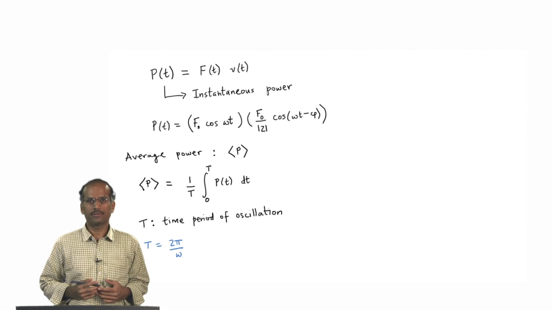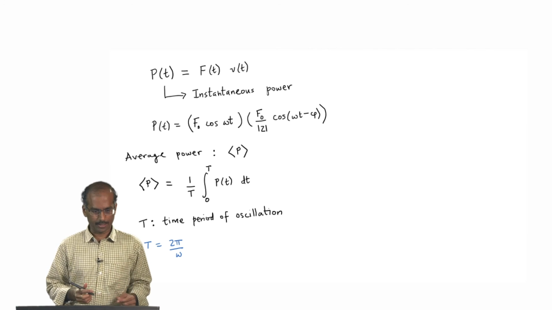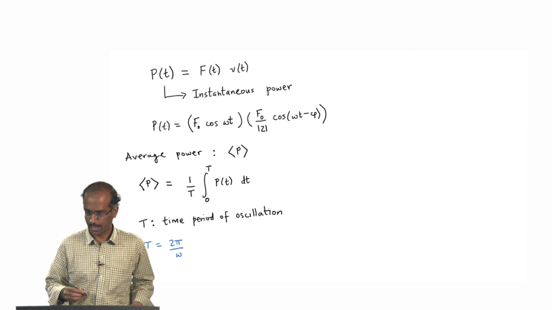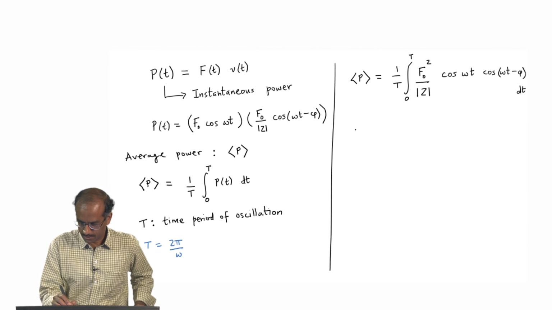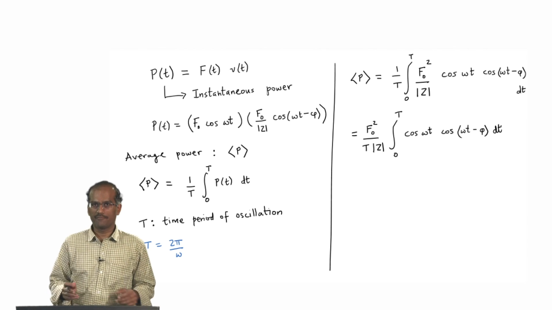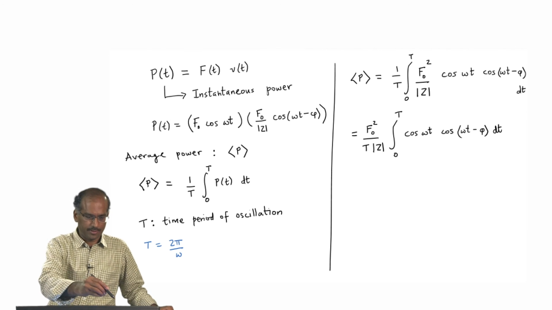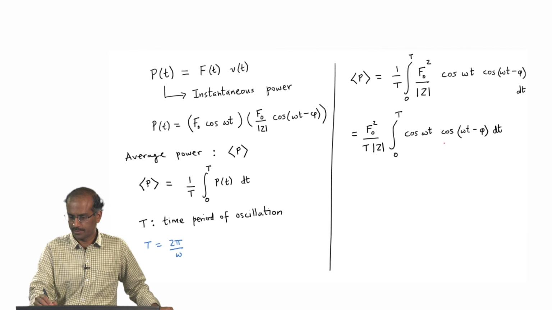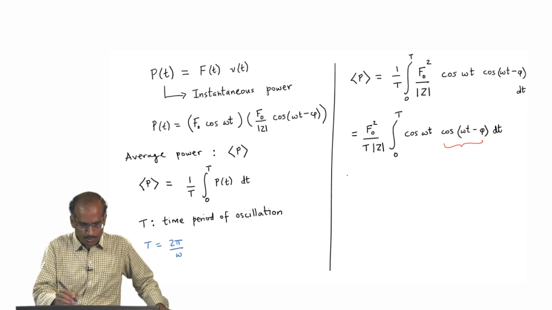So, now we have the problem set up. We just need to do one integral to be able to calculate this average P. And of course, this integral is not too difficult to do. In fact, you can split this integral into two parts if we expand this quantity cos(omega t minus phi). So, let me do that.